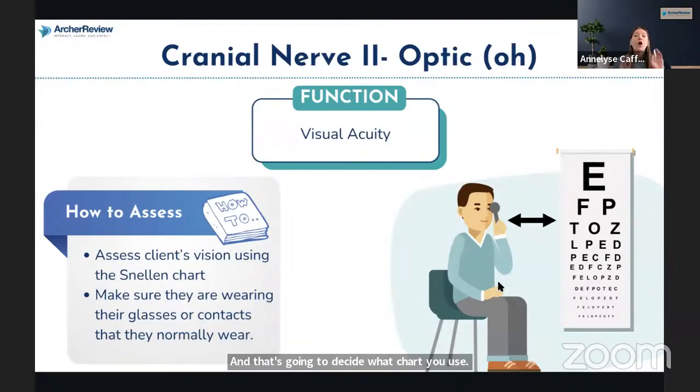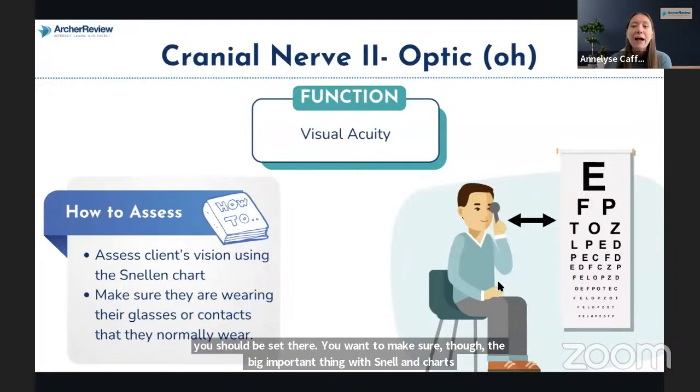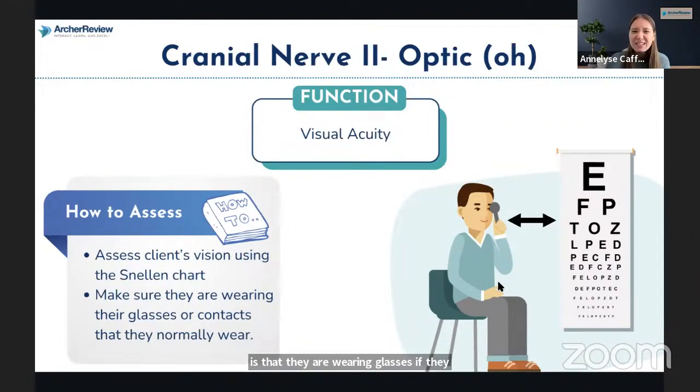You want to make sure, though, the big important thing with Snellen charts is that they are wearing glasses if they have glasses, or wearing contacts if they have contacts. This is something that I see nursing students get tripped up with every once in a while. They wonder, okay, should the client have glasses on, or should they not have glasses on? Do they wear their contacts? Do they not wear their contacts? I like to think of it this way.